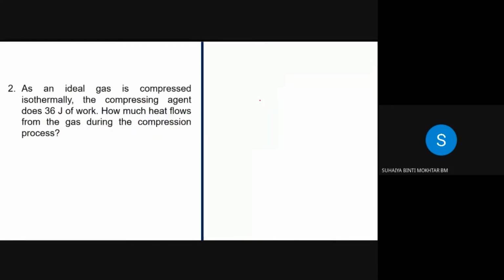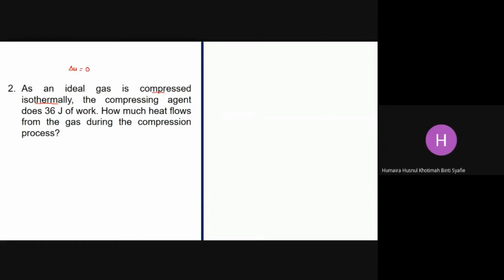Okay, terus lagi number 2. Okay, number 2. An ideal gas is compressed. Nampak ni, compress. Isothermal. Kalau isothermal, value apa kita tahu? Delta U, right? Delta U should be 0, right?